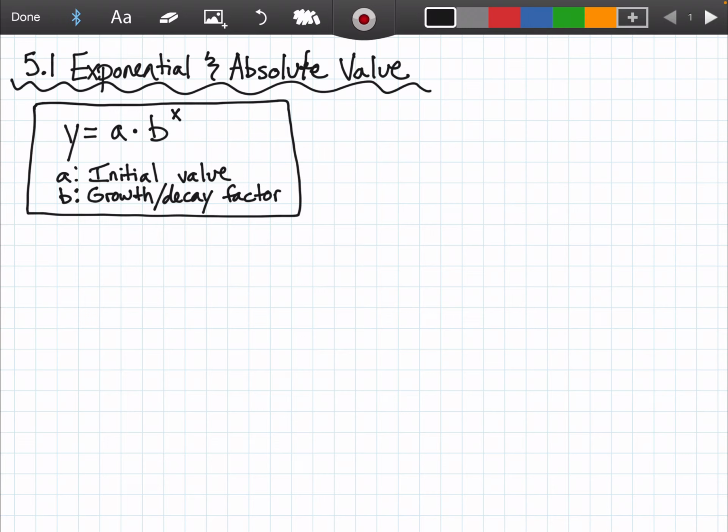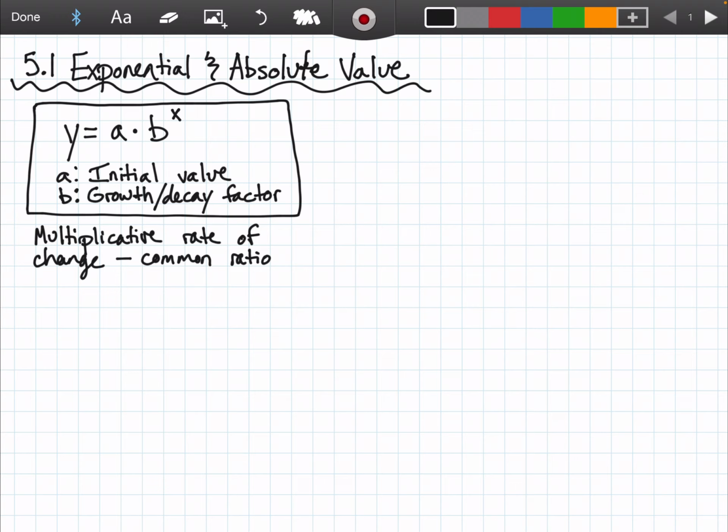The big idea with the rate of change of an exponential function: linear equations have a constant rate of change, meaning you're adding or subtracting the same amount each time. Exponentials have a multiplicative rate of change, meaning we're multiplying by the same thing every time. And that thing we're multiplying by each time is what we call the common ratio.